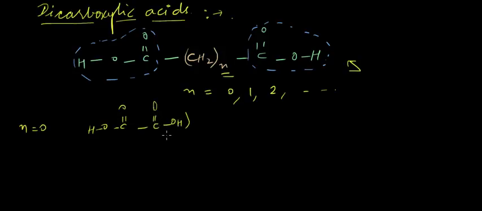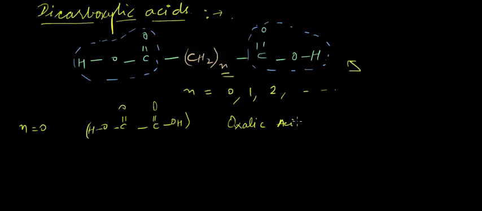So the name of this particular structure is oxalic acid. I'm talking about the common names, not the IUPAC names. I'm sure you all will be able to derive the IUPAC name for this compound by now. So this is called oxalic acid.